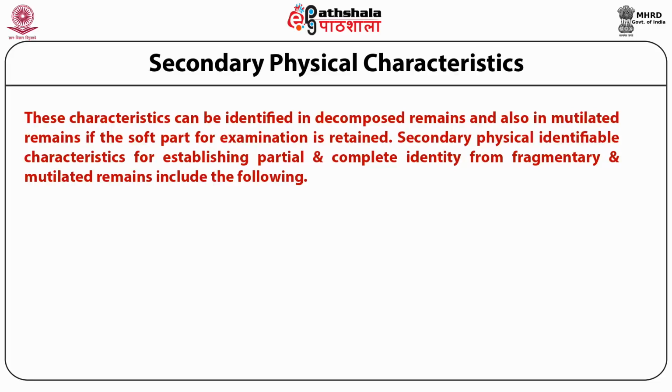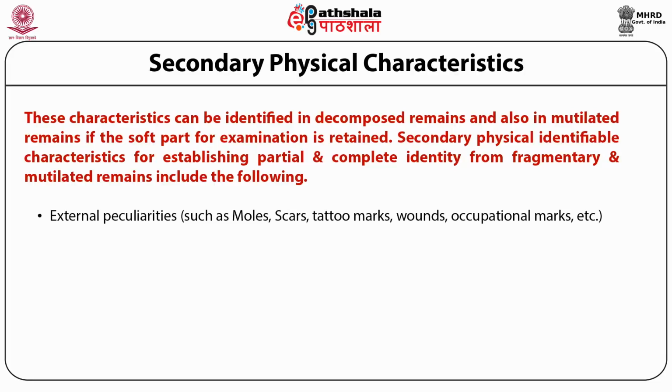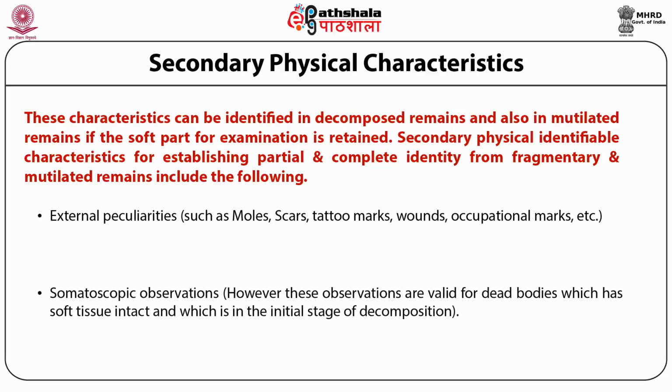Secondary physical identifiable characteristics for establishing partial and complete identity from fragmentary and mutilated remains include external peculiarities such as moles, scars, tattoo marks, wounds, occupational marks, etc. Whereas somatoscopic observation reveals partial and complete identity from fragmentary and decomposed remains, and these observations include skin color, eye color, teeth, and hair of an individual.